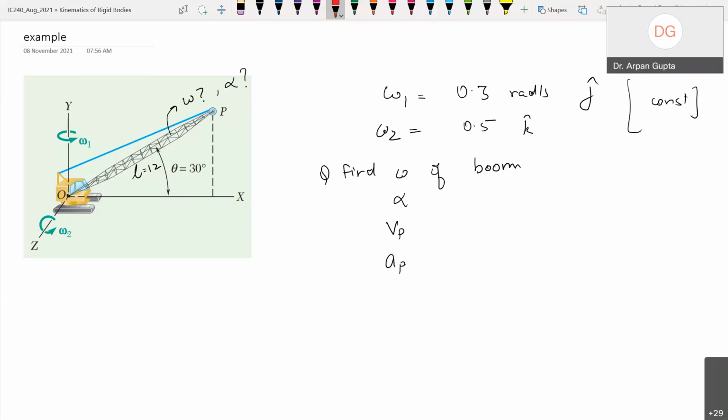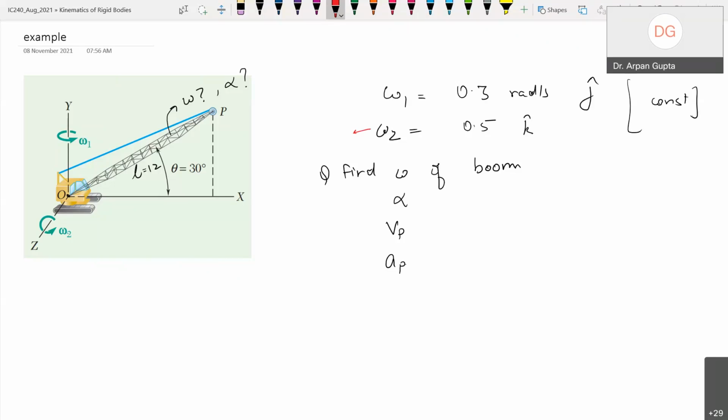First of all, this cab is rotating with an angular velocity omega 1. And then with respect to the cab, we observe that this boom is rotating with angular velocity omega 2. Although omega 2 is with respect to the cab, angular velocities are independent of reference frames.